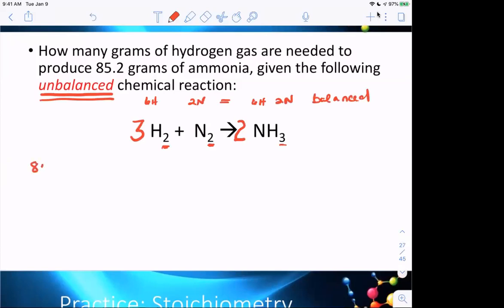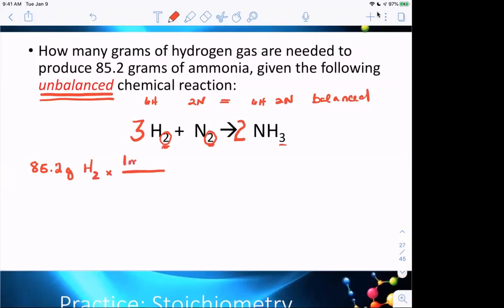I have 85.2 grams of hydrogen gas, which is H2. Remember, this is a diatomic molecular element. So is nitrogen. You have to take that into account because the molar mass of hydrogen is 2 times the mass of a hydrogen atom.